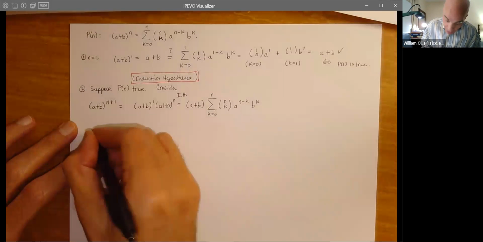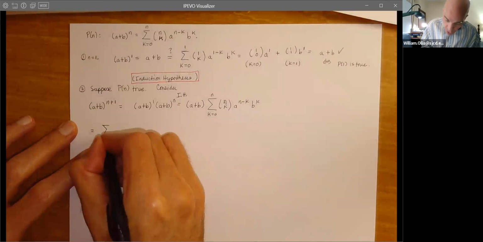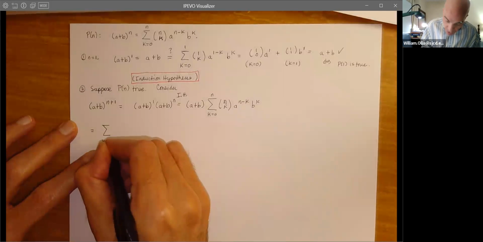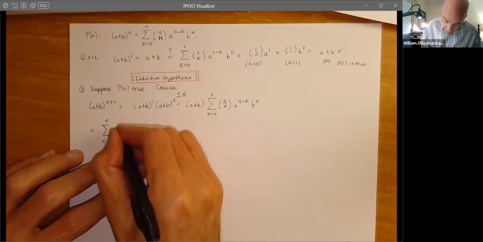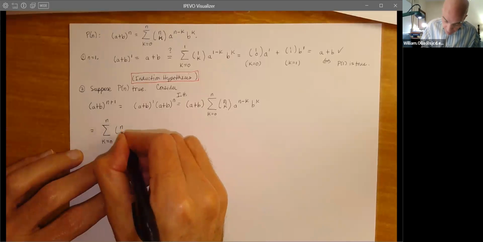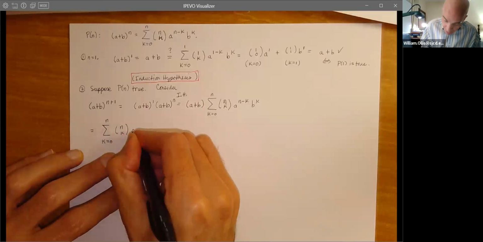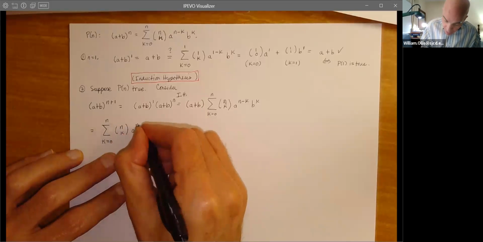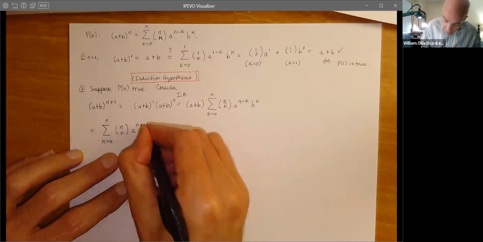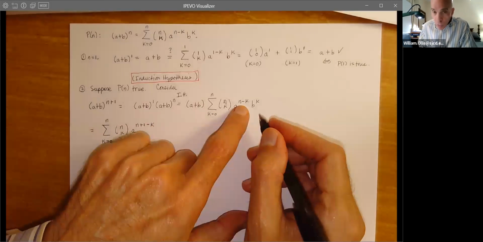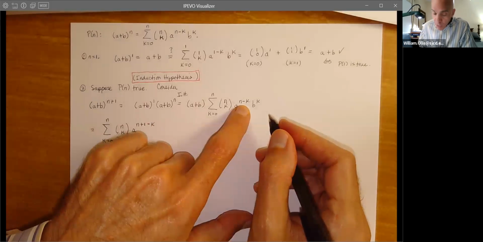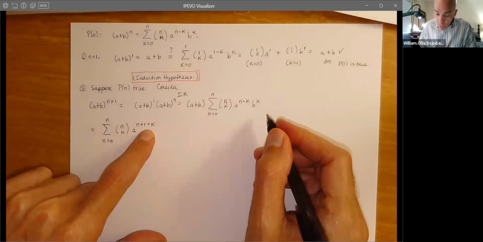So we'll have two sums, k equals 0 to n choose k, a to the n plus 1 minus k. So we're going to multiply by a, so we're going to have an additional copy of a. So by the laws of exponents, we add 1, n plus 1 minus k.